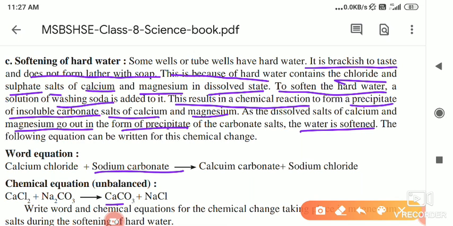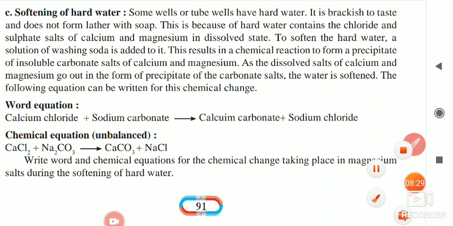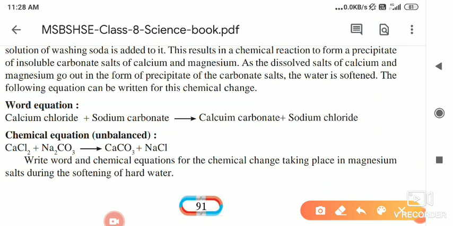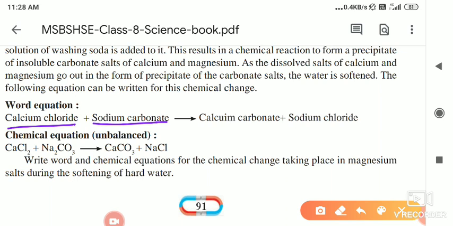The following equation can be written for the chemical change. First of all, the word equation is given here, and secondly the chemical equation. In the word equation, calcium chloride, when it mixes into the water with sodium carbonate, that is the Ariel or Rin powder, forms calcium carbonate and sodium chloride.